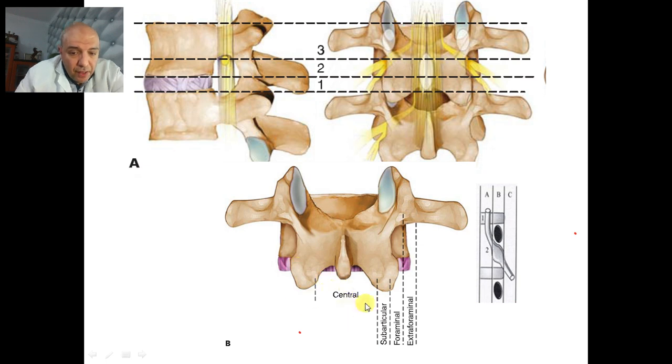They classify the disc according to its location: the central part in the central canal. The subarticular part, this facet, is a synovial joint, and the part of the disc in that region is called the subarticular region.